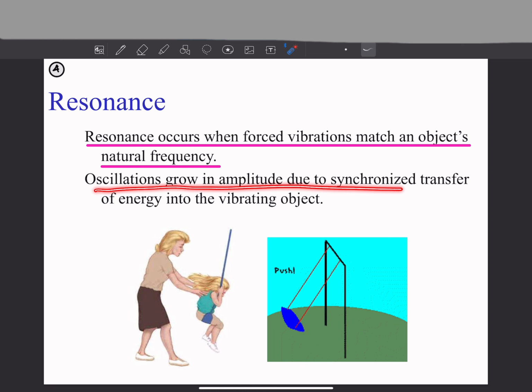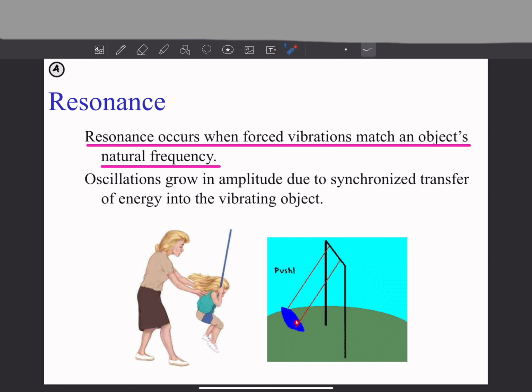So this is very, very important, that when you are applying the force again and again, and you are feeding the energy again and again into the system, so what will happen? Oscillations grow in amplitude. Of course, the amplitude of the oscillation will increase. So this is what we are saying, growing with the feeding of energy due to the synchronized transfer of energy into the vibrating system.